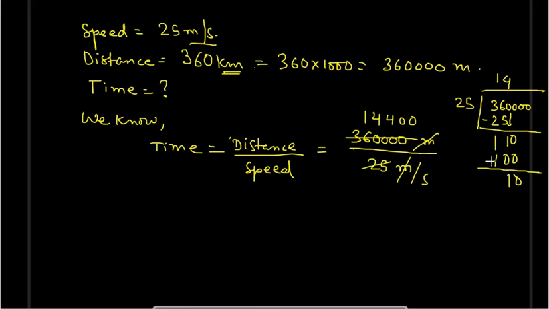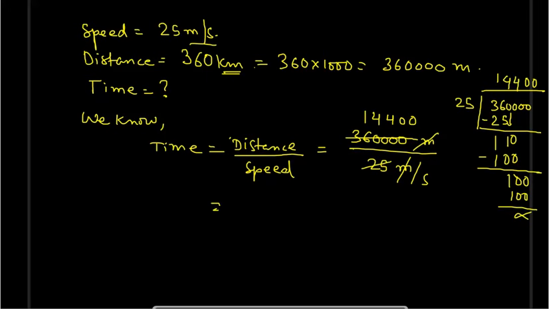Again, you get 10 over here. 1 0 comes down. Again, 25 fours are 100. And then we have 2 zeros left. We copy it as it is. All right, so you get 14,400 seconds. All right, you can convert this to minute, you can convert this to hours.